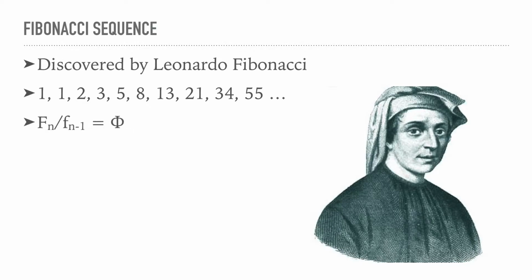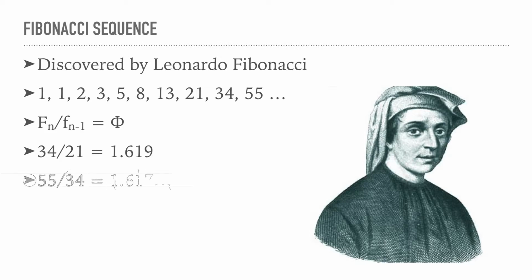One of the ways that we can get this equation is if we take the number F in the sequence and divide it by the number in front of it, we get something called phi, which is the symbol here. Phi is very close to or equal to 1.618.